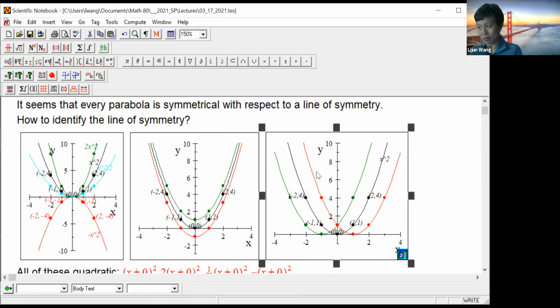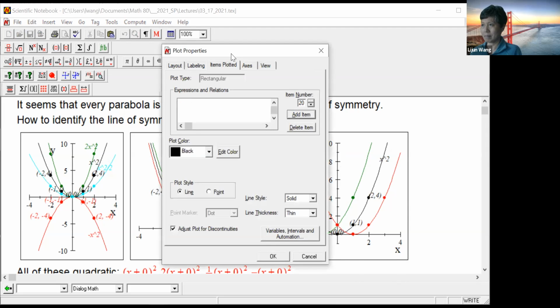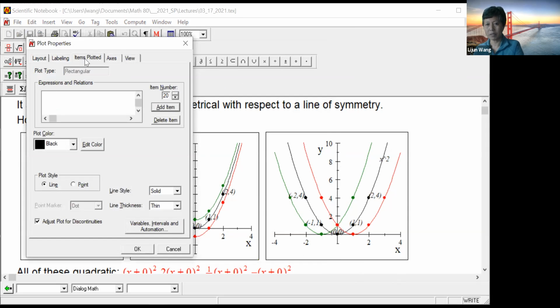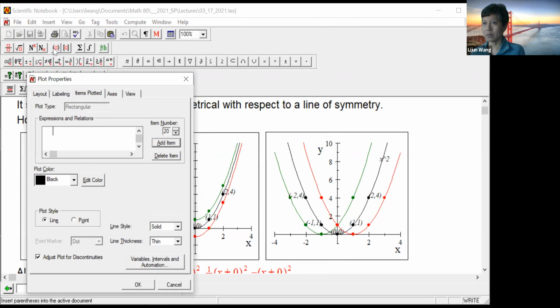Now let's look at these three lines. Can you draw the line of symmetry for the green, for the red, and for the black? I want you to have a piece of paper and write it down. What we are observing right now is going to be very, very useful for next week and for the future.